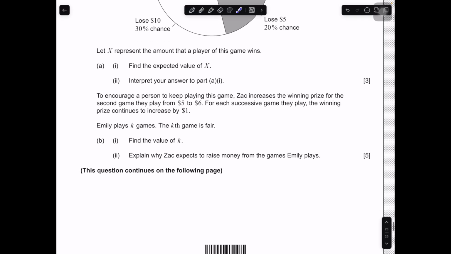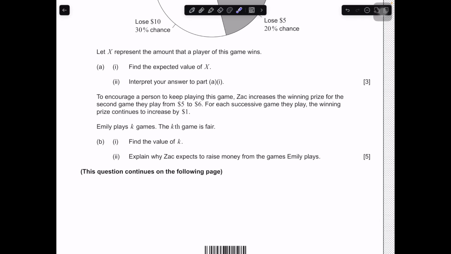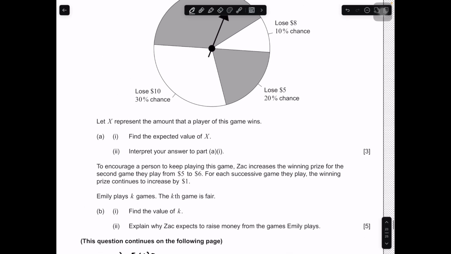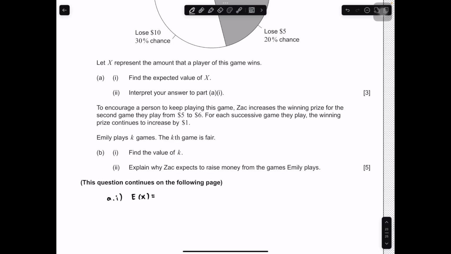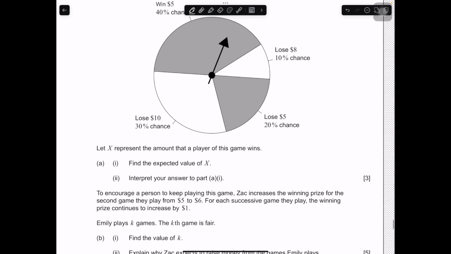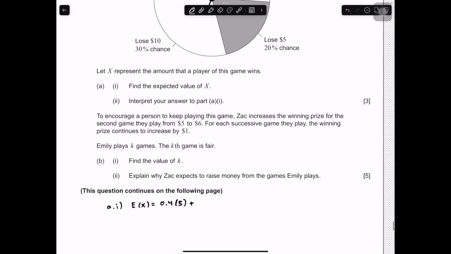So let's write that out here. A1, we have E, the expected value of some event. And here we see we have a 40% chance of winning $5. So 0.4 times 5, plus we have a 10% chance of losing $8. So 0.10, I'll write that out.